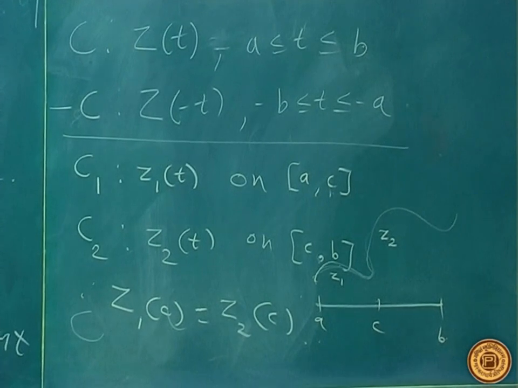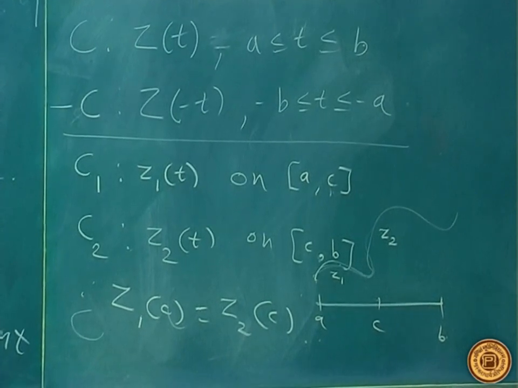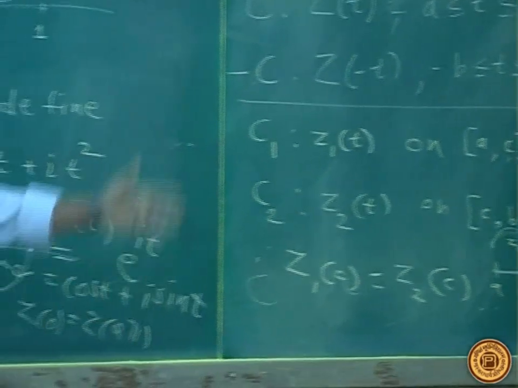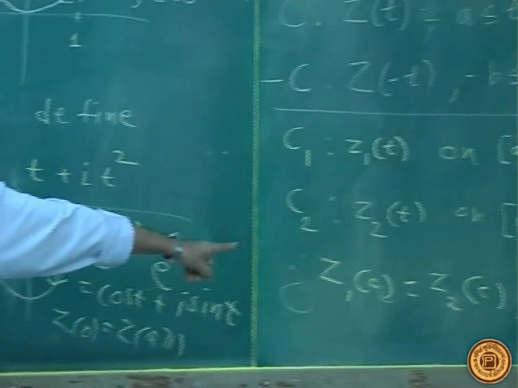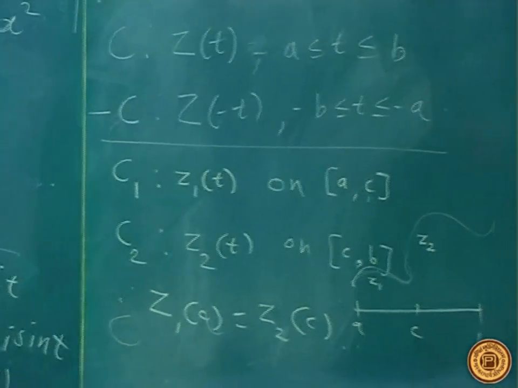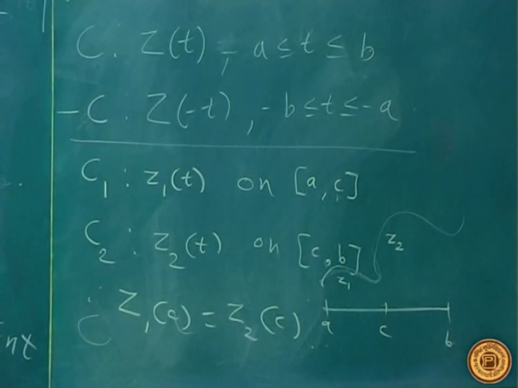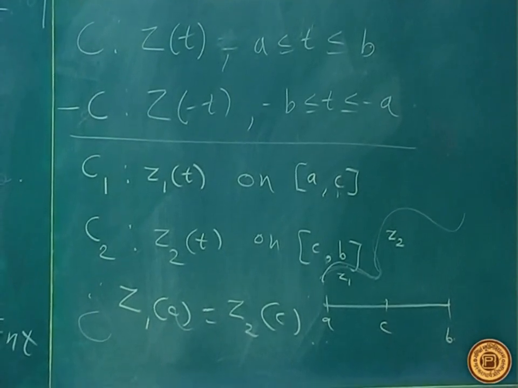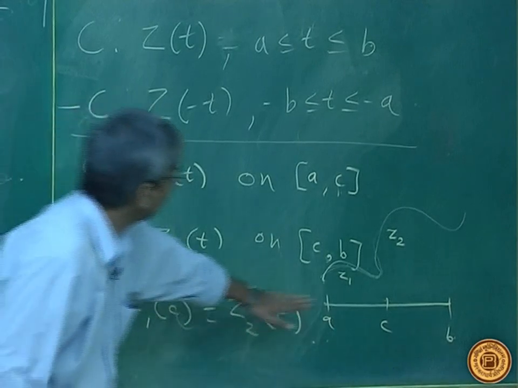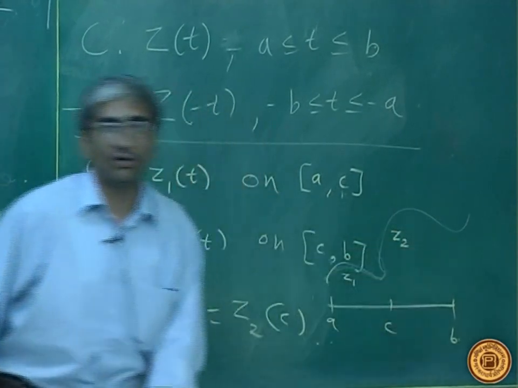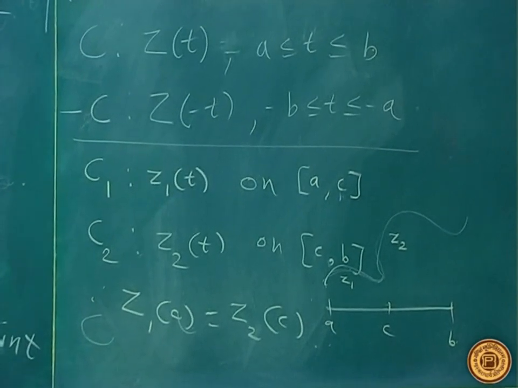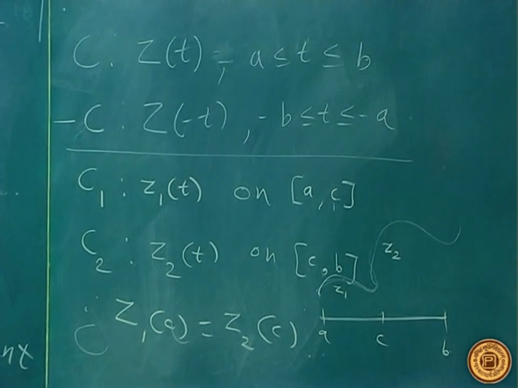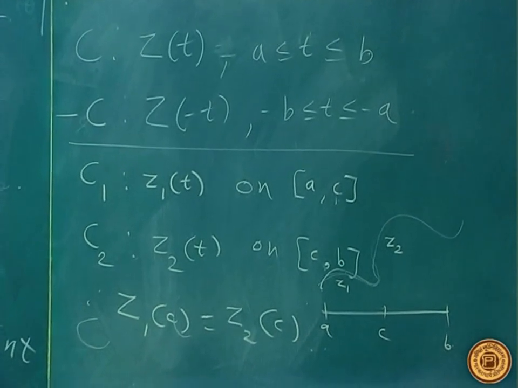Then the contour C given by Z(t) on the entire interval AB, such that Z equals Z1 on the part A to C and Z equals Z2 on the part C to B, is defined as C1 plus C2.